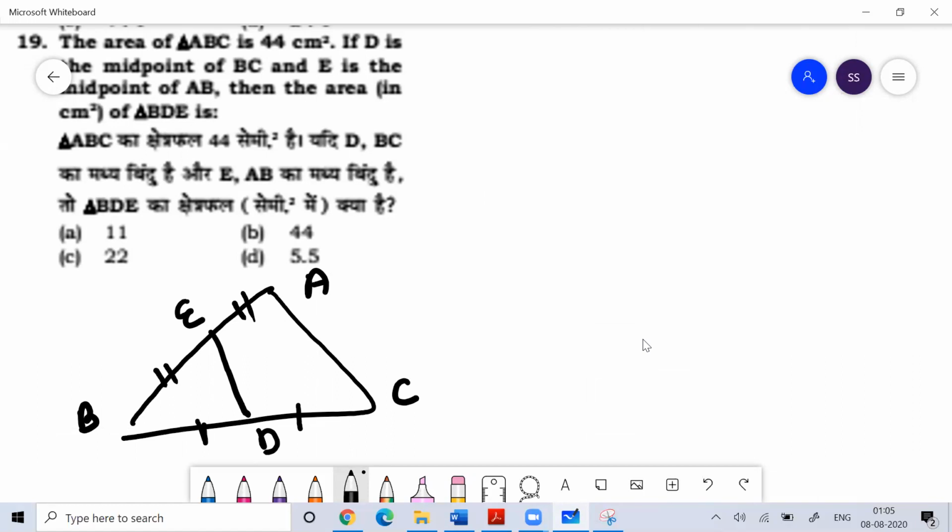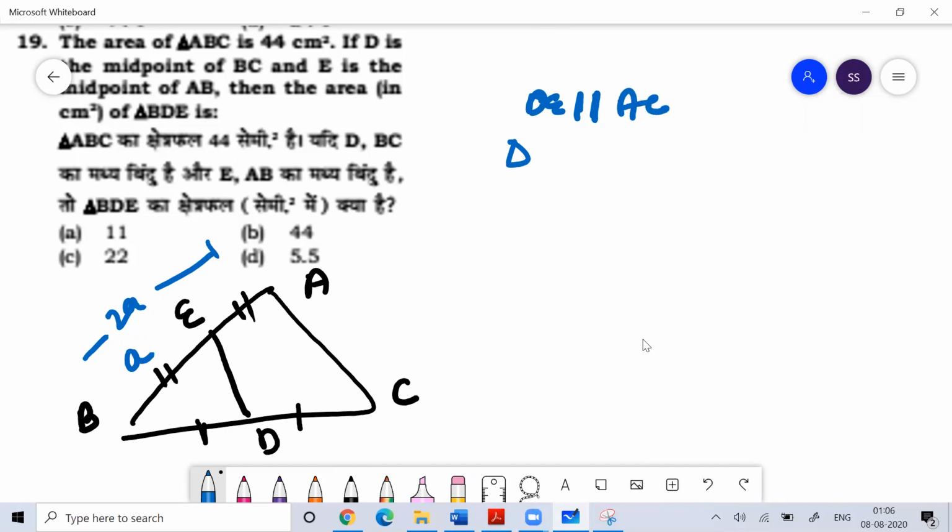So you can easily understand if this is A, so this would be equal to 2A. So do you understand the triangle midpoint theorem? So if D and E are the midpoints, then definitely the side DE will be parallel to AC.